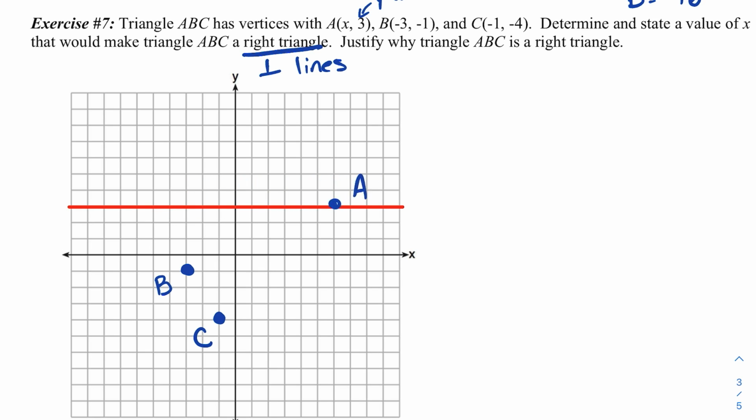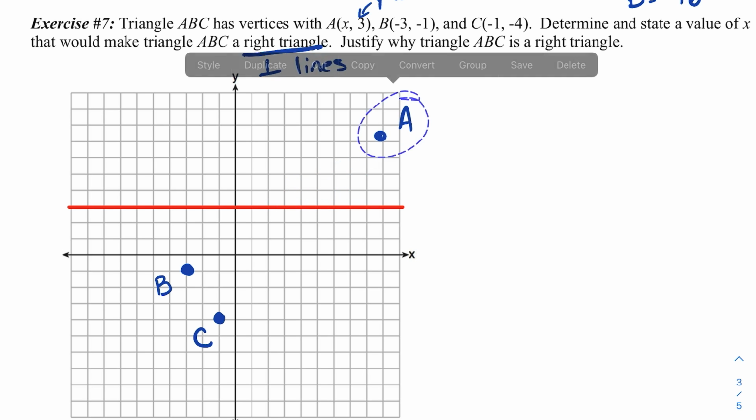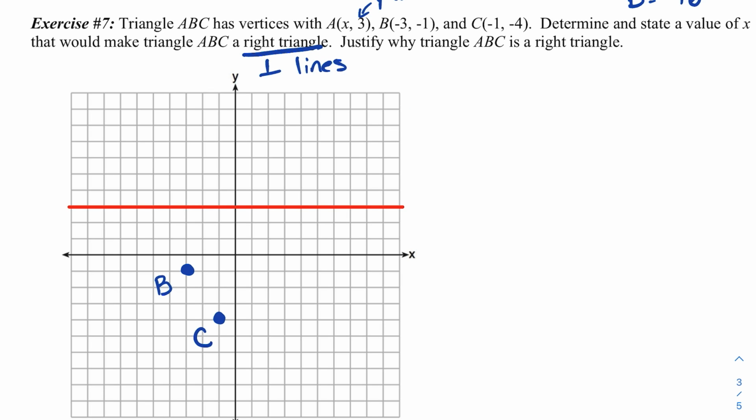I don't know where yet, but the y value is 3, so it's got to lie somewhere here. We have to figure out where it needs to be such that it creates a right triangle. And a right triangle is created by perpendicular lines. So why don't we find the slope of BC? The slope of BC, that should be easy. We can just count 1, 2, 3, down 3 over 2.